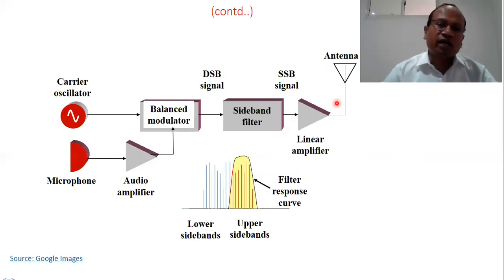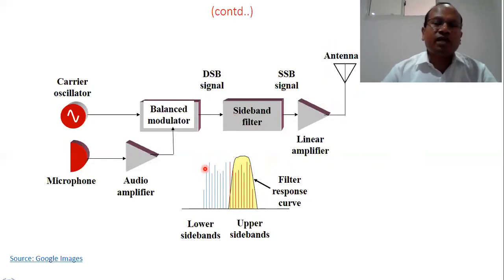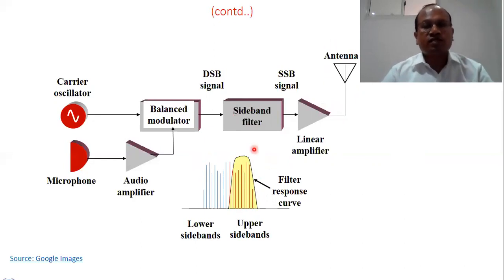If you look at the frequency response of the sideband filter being used, the part highlighted in red is the signal which is being allowed, and the other part is being removed.